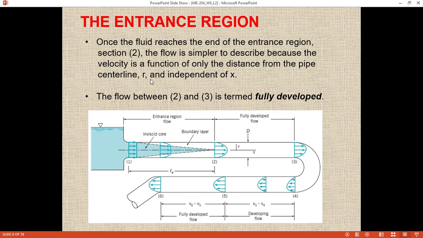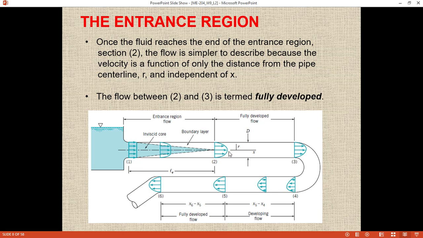So once the fluid reaches the end of the entrance region, the section 2, this is the section 2, the fluid is simpler to describe because the velocity is a function of only the distance from the pipe center line r and independent of x.